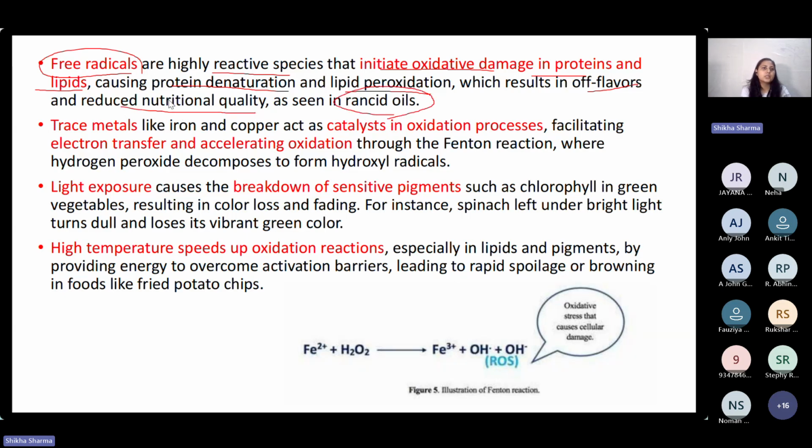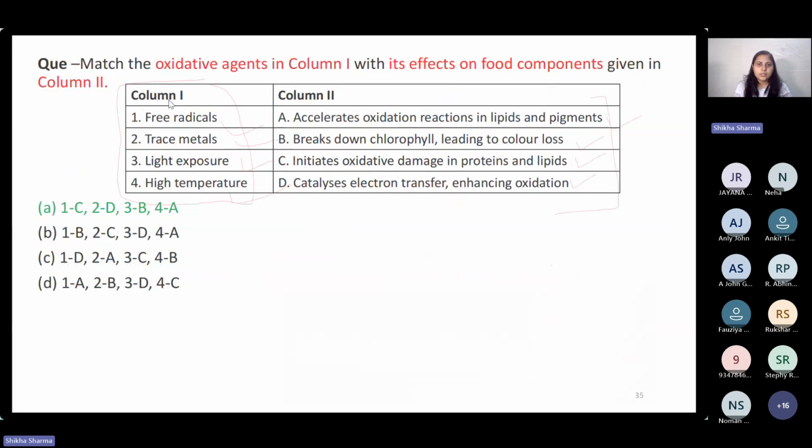So just now we discussed lipid peroxidation. What is happening in lipid peroxidation? Free radicals cause protein denaturation and lipid peroxidation, forming off flavors and rancid oils.